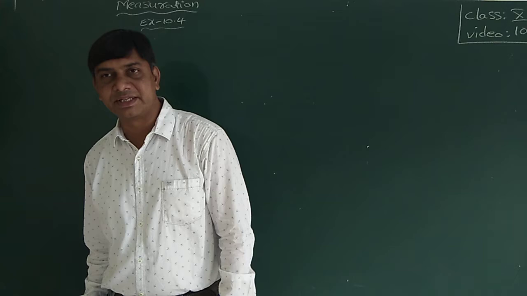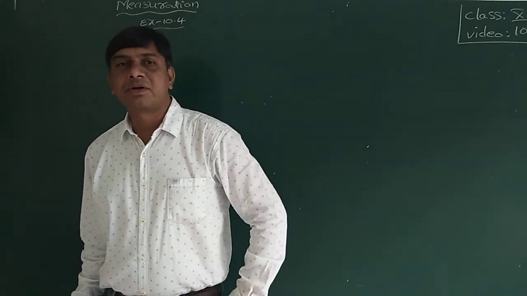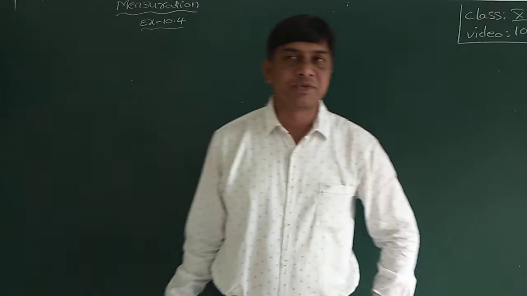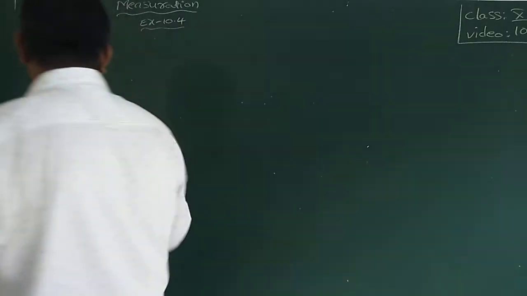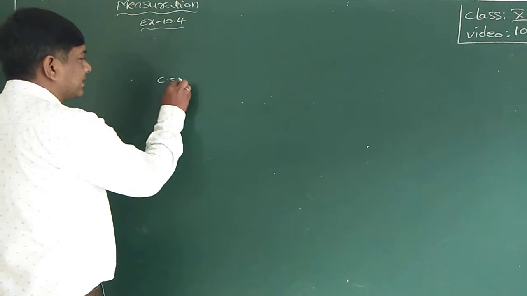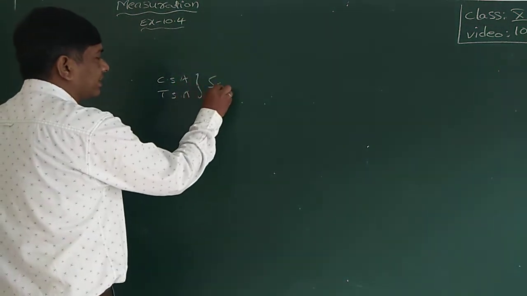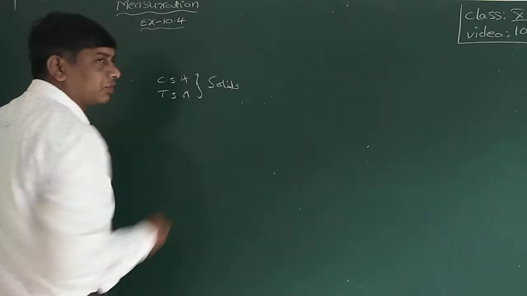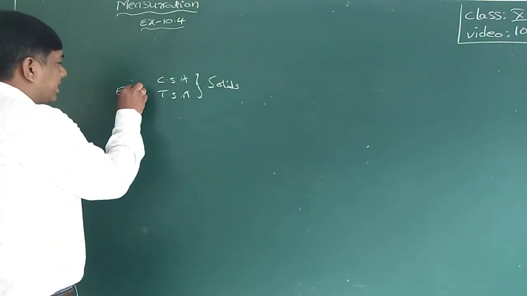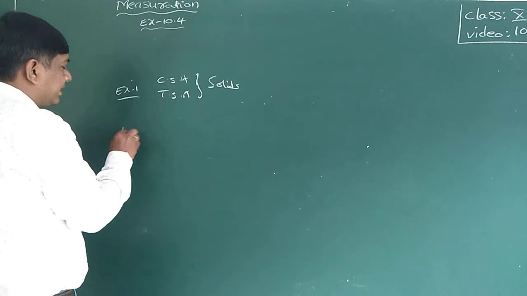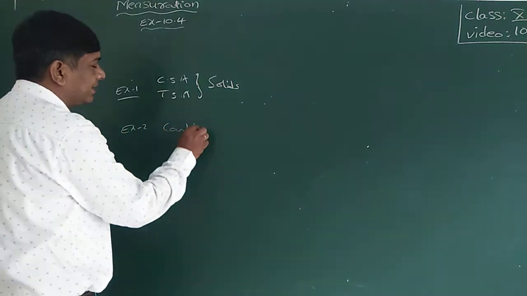In the third exercise we learned about the volumes of combinations of solids. In the first exercise we learned about the CSA and TSA of solid figures. In the second exercise we learned about the surface area of combinations of solids.